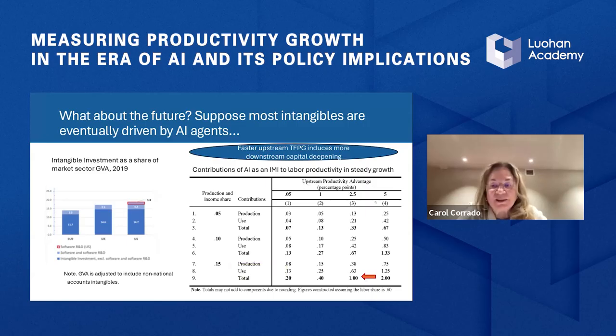How much of an effect that has on productivity growth is in this table, and it depends on the relative productivity advantage of this upstream output, in other words, of using these intangible assets in downstream production once they're produced by AI agents.